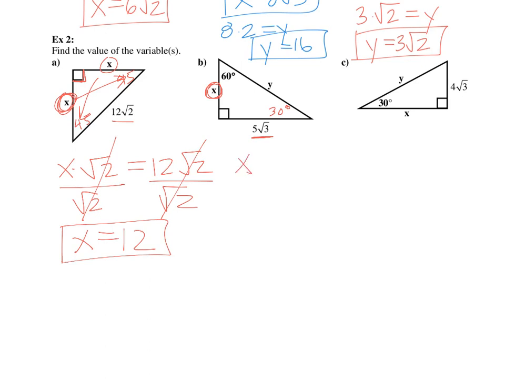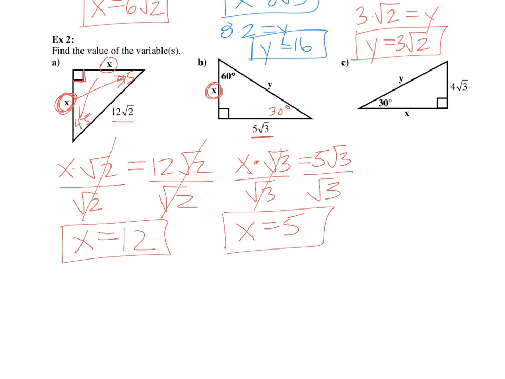I take the short leg, I multiply it by the square root of 3, and that's equal to the long leg, which is 5 square root of 3. So I divide by square root of 3 now, and I'm able to solve for x, the short leg. Done. Now to figure out the hypotenuse, I take the short leg, which is 5, I multiply it by 2, and I get the hypotenuse. So y is equal to 10.